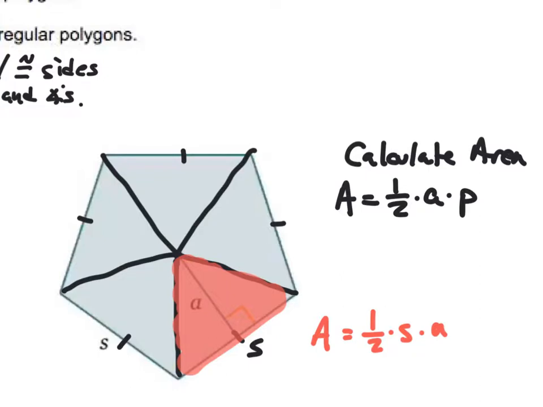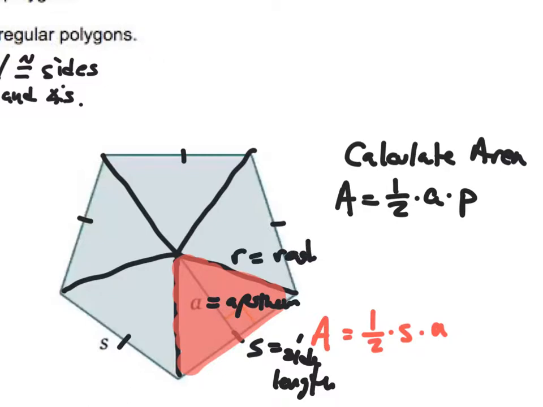I'm going to call this the radius R. So A is equal to the apothem, S is equal to a side length, and this value R here would be the radius. I think we'll cover all those later. But that's what we got.